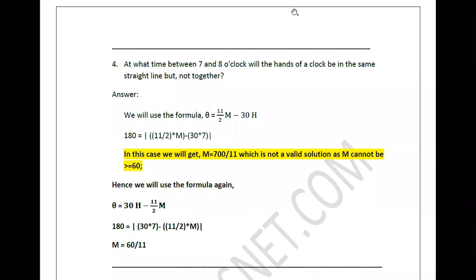Now we have the last problem of this session. At what time between 7 o'clock and 8 o'clock will the hands of a clock be in the same straight line but not together? We'll use this formula and see if we get one answer or not. What do we mean by the same straight line? By straight line we mean that the angle between the two hands will be 180.